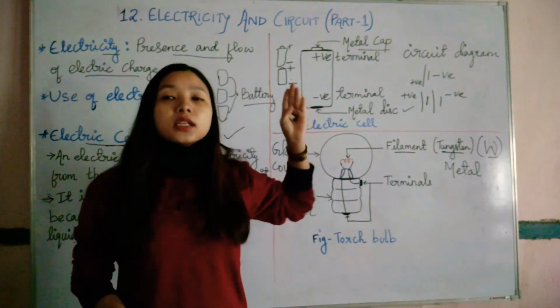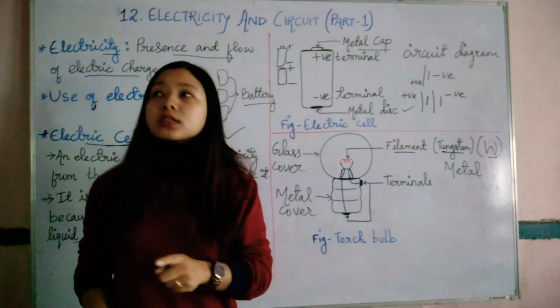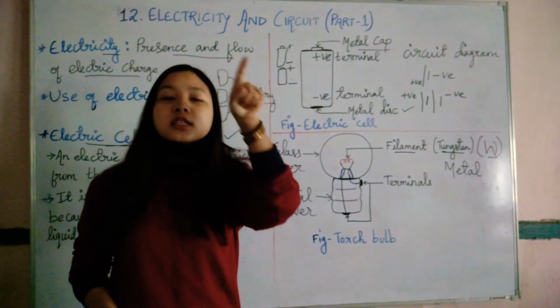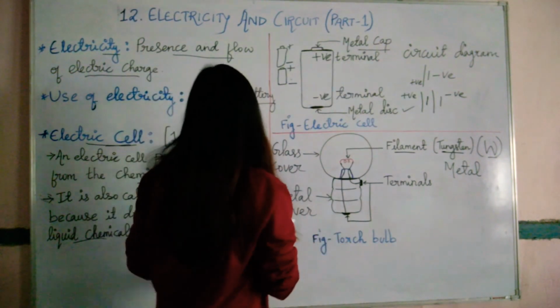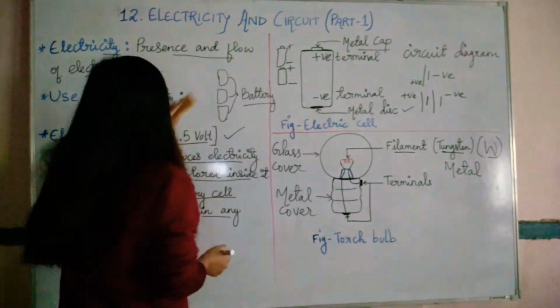Here you can see the energy keeps changing its form. First, when we switch it on, we have electric current, or electric energy.